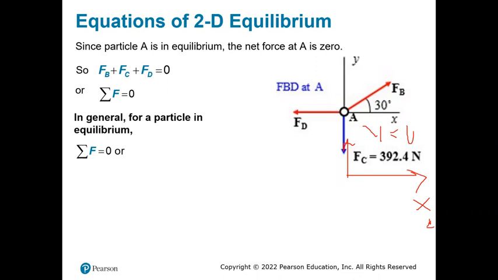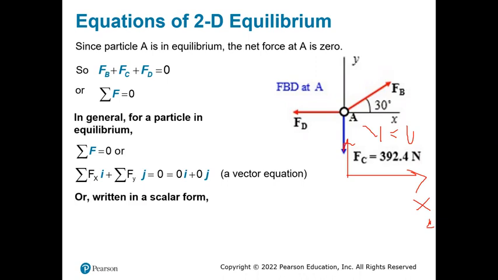So we add the forces in vector form and equate it to zero, which says the system is in equilibrium. Or we can write it in scalar form, just add the forces and get zero. So these are the two scalar equations of equilibrium we can use to solve for two unknowns. If you know the x direction forces and the y direction forces, two unknowns are perfect to find.